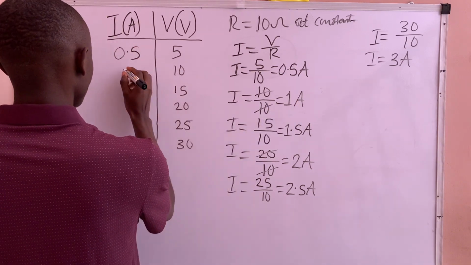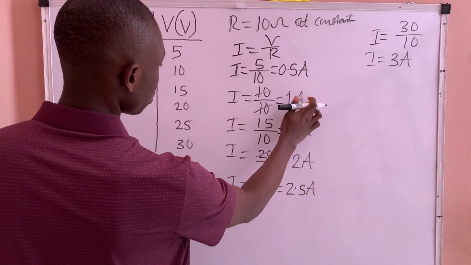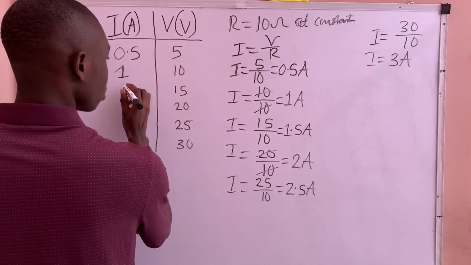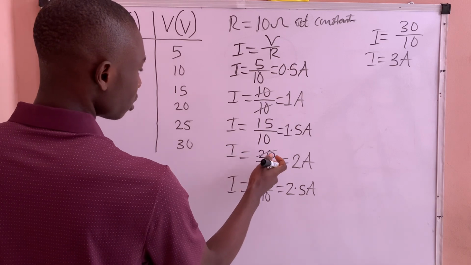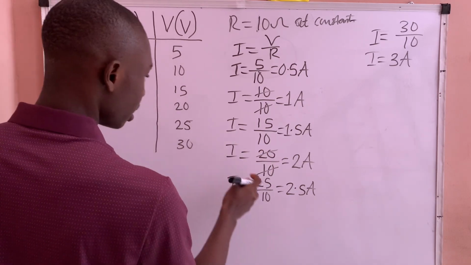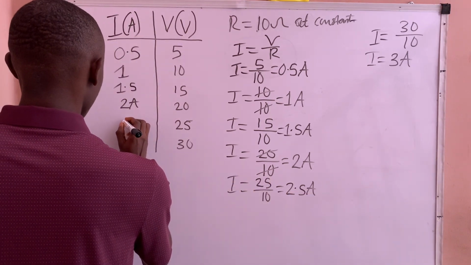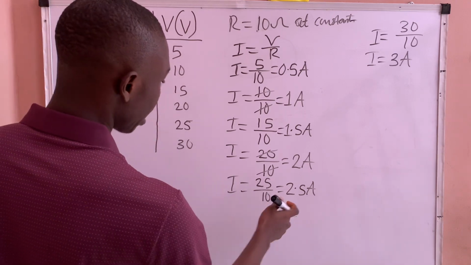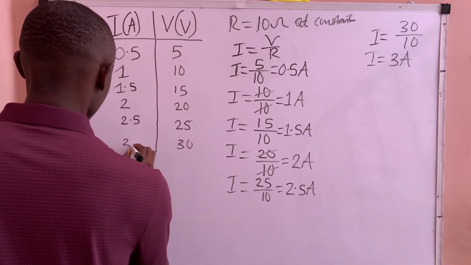The second one was 1 amp. The third one, when we increase voltage by 15, our answer was 1.5 amps. When we increase it by 20, we got 2 amps. By 25, we got 2.5 amps. And by 30, we got 3 amps.